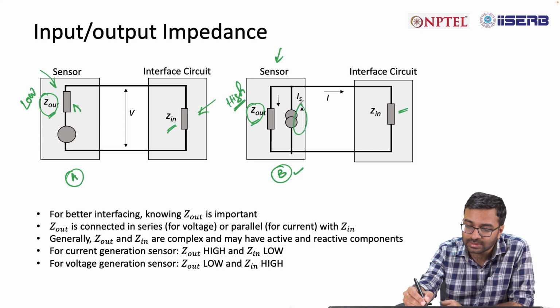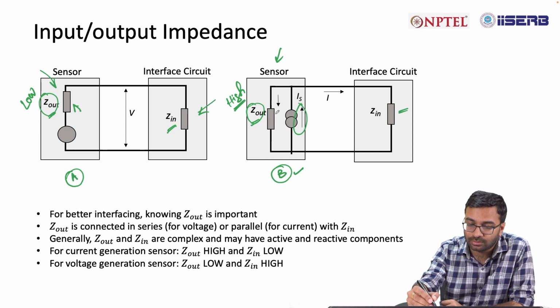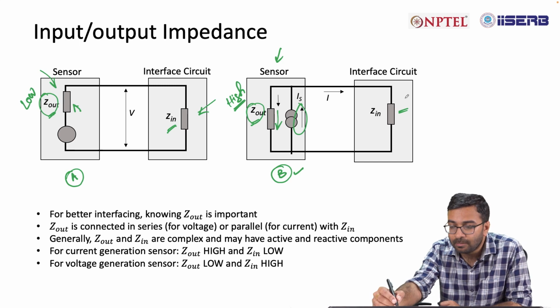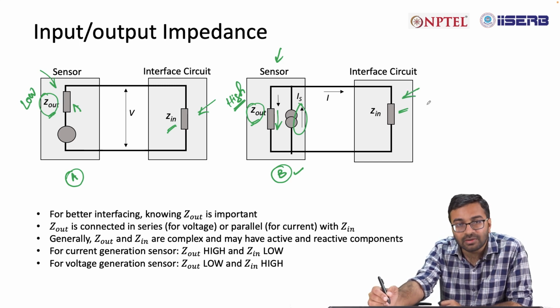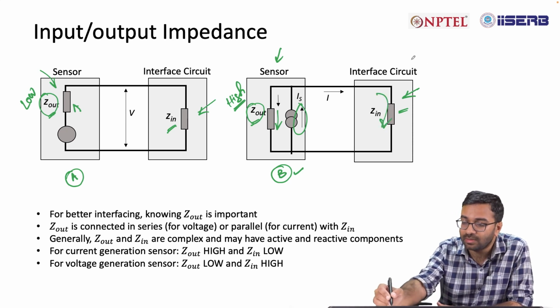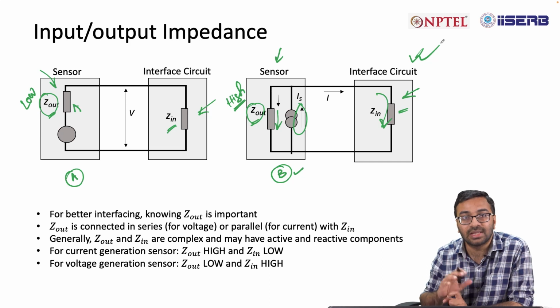The current that is generated from the sensor will shunt through the Z out. So most of the current will pass through the sensor output impedance. Then you will not get much of the output in the interfacing circuit, which is not desirable. So if you keep your Z out high, most of the current will pass through Z in of the interface circuit. That is the idea.